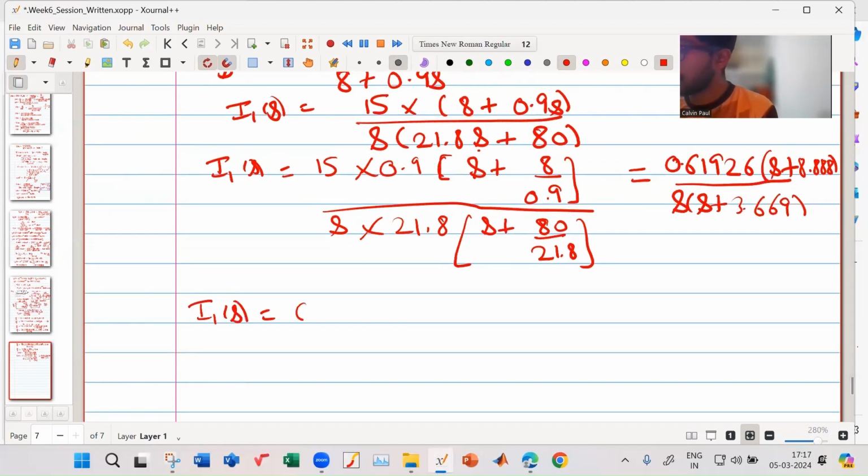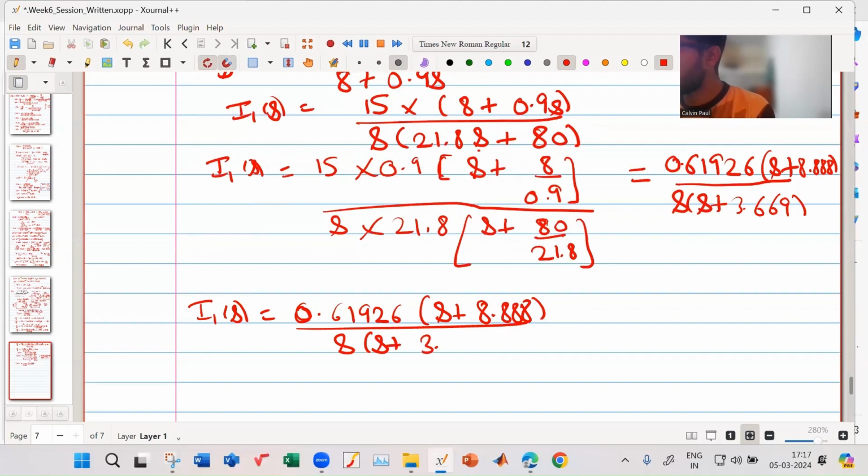So now I will write I1 of S again. It is 0.61926 upon S plus 8.888, upon S plus 3.669. Now I will write this in the form A upon S plus B upon S plus 3.669.